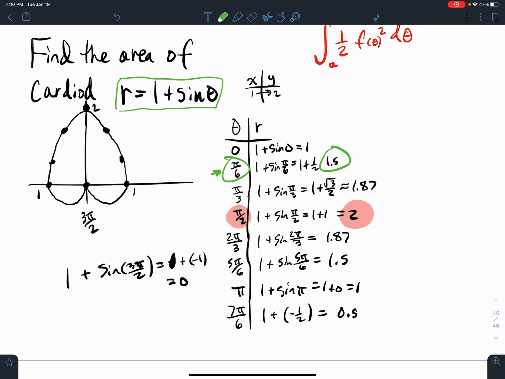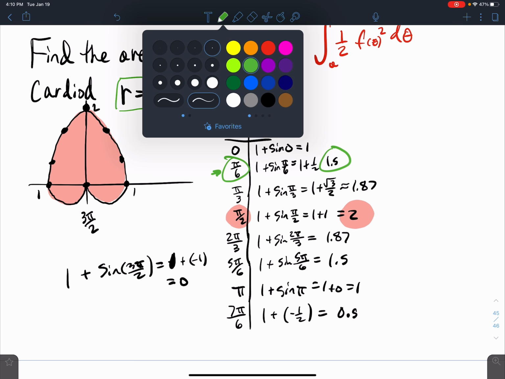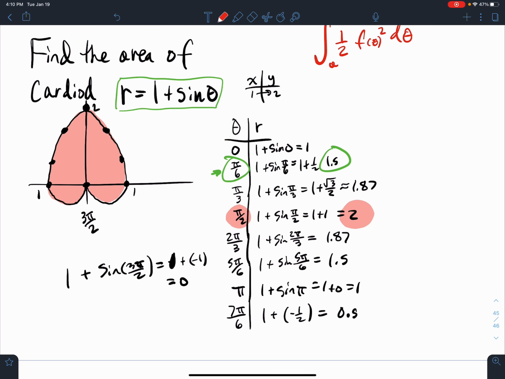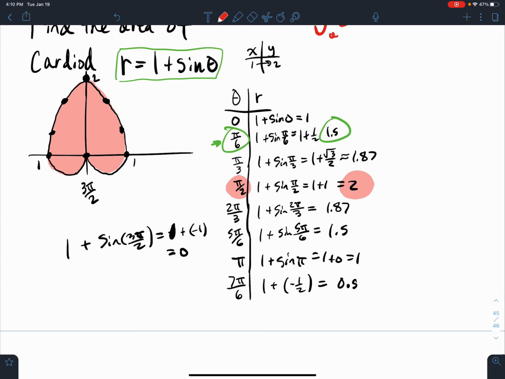So let's find the area of this cardioid here. To do that, what we're going to do is write up the formula. What does the formula say? It says integral a to b, 1/2 f of theta squared d theta. So who are the players?